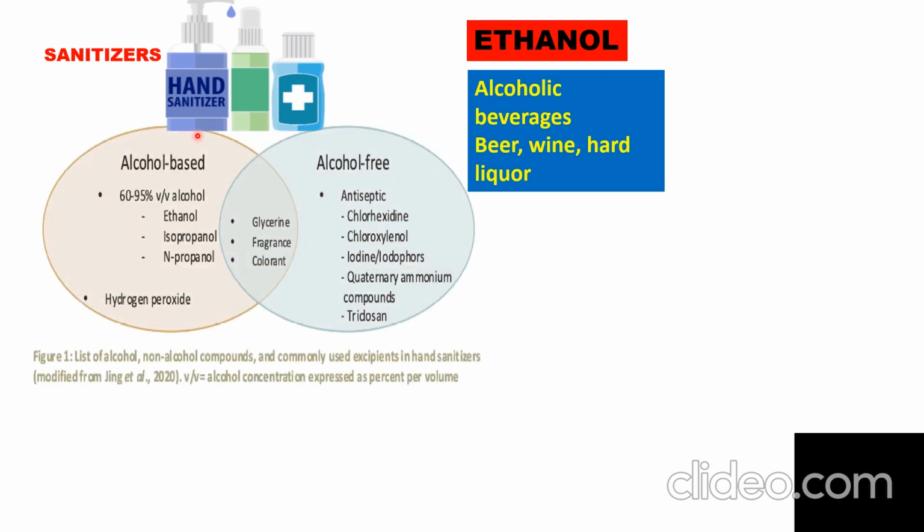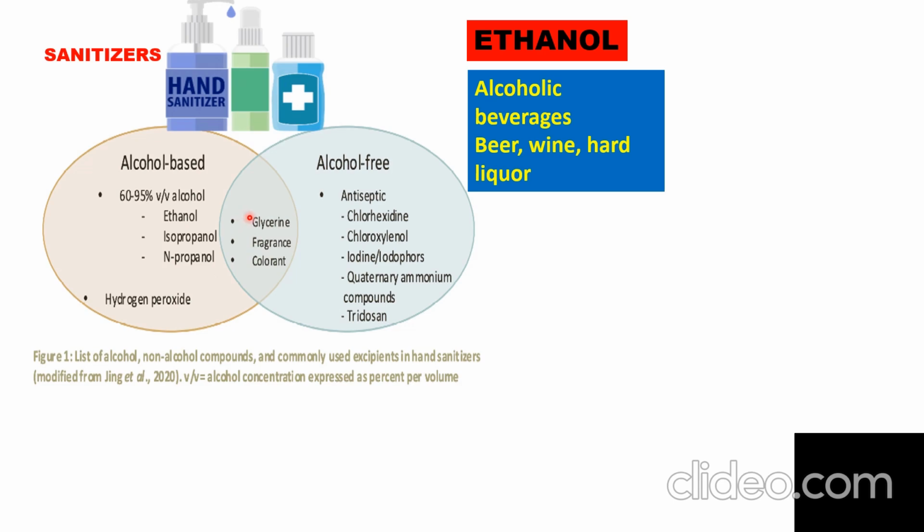Generally, sanitizers are of two types: alcohol-based sanitizers and alcohol-free sanitizers. Alcohol-based sanitizer contains 60 to 95% alcohol in the form of ethanol, isopropanol, which we also know as rubbing alcohol, and propanol, and it may also contain 3% hydrogen peroxide as it acts as a disinfectant.